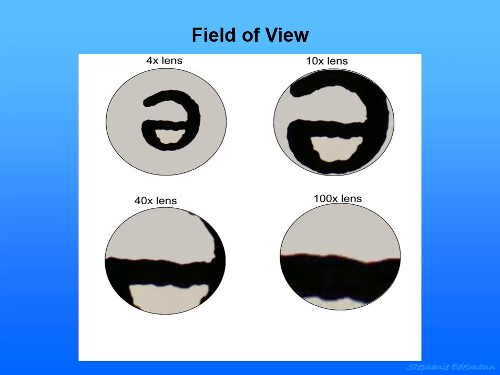The field of view explanation, I think, is done pretty well with the letter E. With the 4x scanning lens, you can see the whole letter E. You see it at the 40x size, 40 times enlarged. With the 10x lens, you see it as a bigger image, but you see less of it, right?